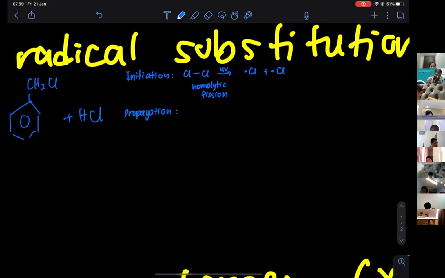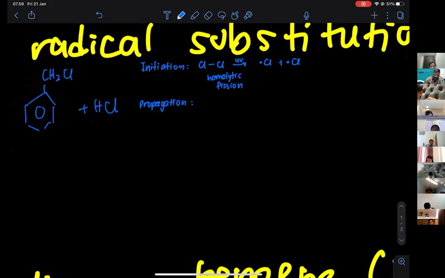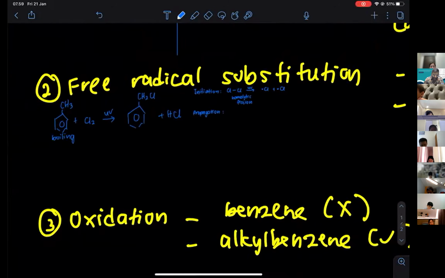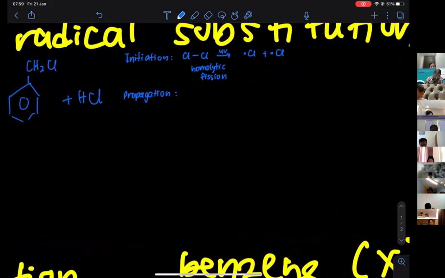In the propagation step, remember, something neutral or complete will be attacked by something that is not complete, meaning something with a free radical. It's always like that under propagation. The one that is complete here is the methyl benzene, so I'll draw methyl benzene here. It is attacked not by Cl2 but by a free radical.